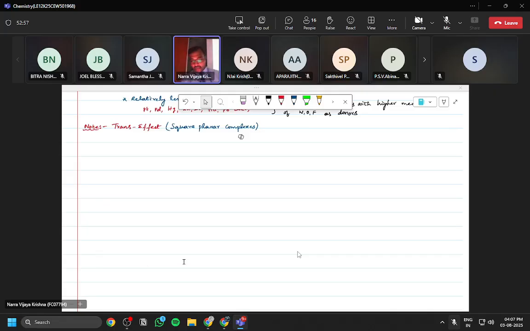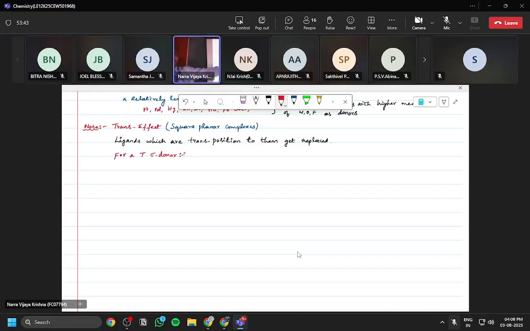Coming to this, sir, regarding trans effect. Now, what is trans effect? Ligands which are at trans position to them get substituted, get replaced. Now, in case of sigma donor complexes, trans effect in case of sigma donor complexes, will you understand the meaning of it?